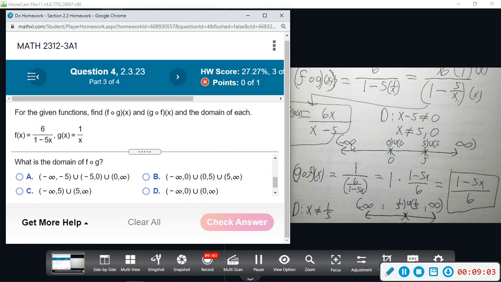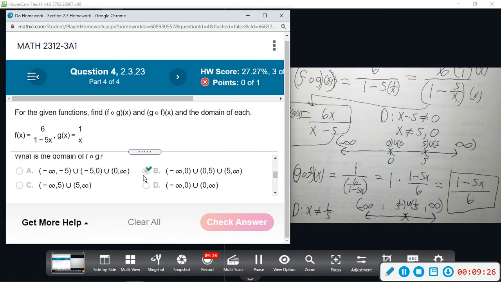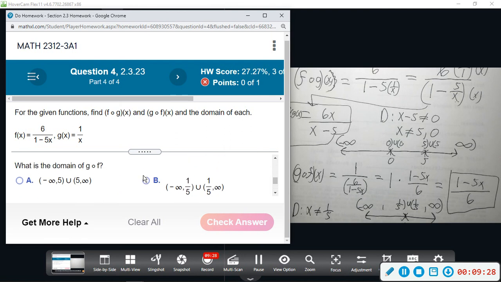So that's negative infinity to 0, 0 to 5, and 5 to infinity. So b, and then domain of g of f was negative infinity to 1/5 and 1/5 to infinity. Now there's more choices, but B looks like what we need.